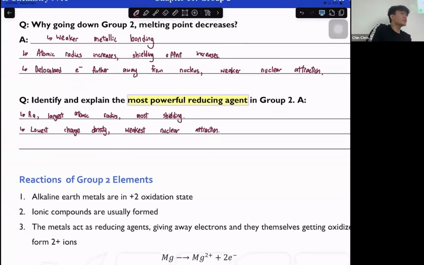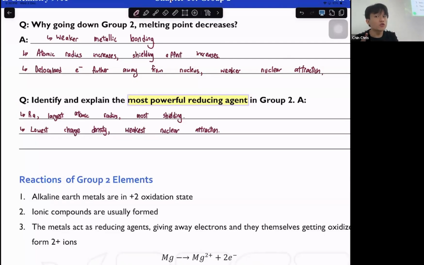Alright guys, let me ask you a question. What is the process given for an atom to donate electrons, to turn into a positive charge? Think about it, you've done it before in chapter 2. What is the name of the process for a gaseous atom to give out electrons to turn into a positive ion? Ionization energy.